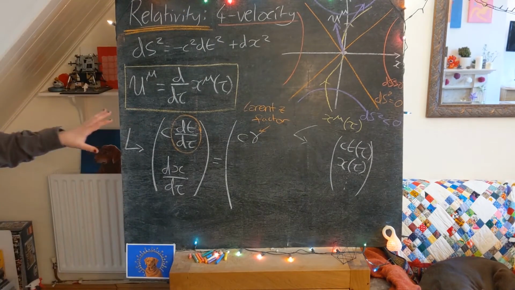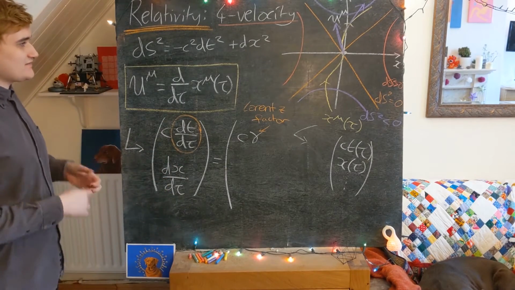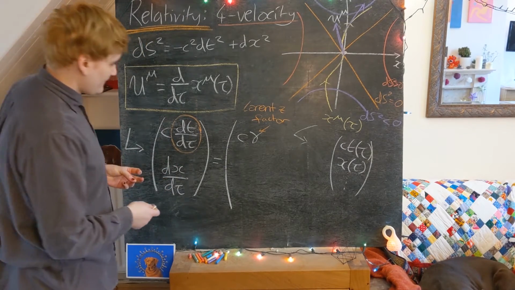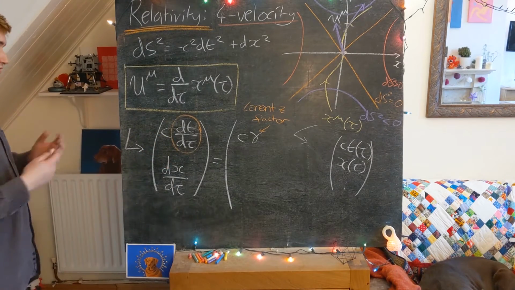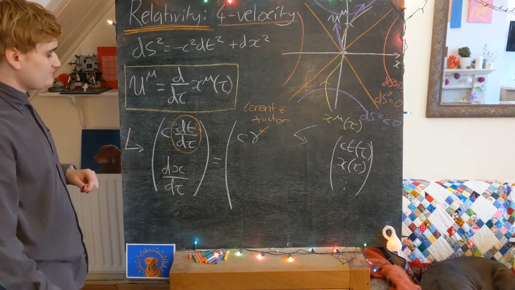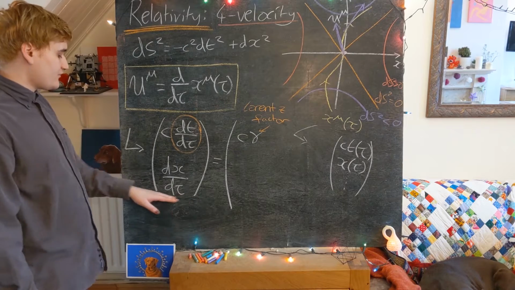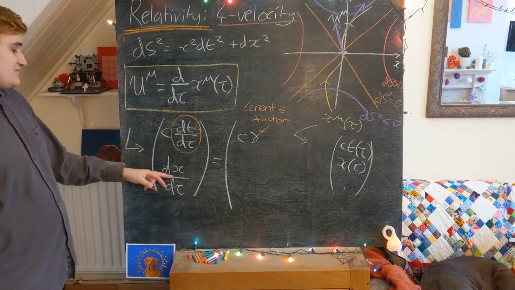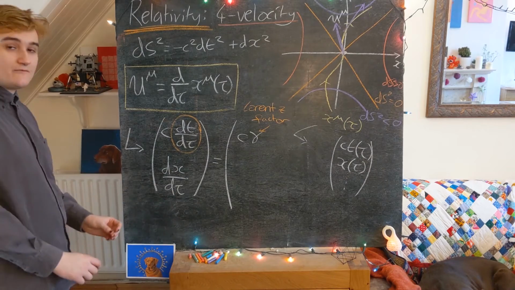And we can see much more about what this gamma is and how it controls things in our geometry. But for now it's just a factor, the derivative of the time coordinate with respect to proper time. Now the space component of the four-velocity is simply the derivative of the space coordinate with respect to tau.